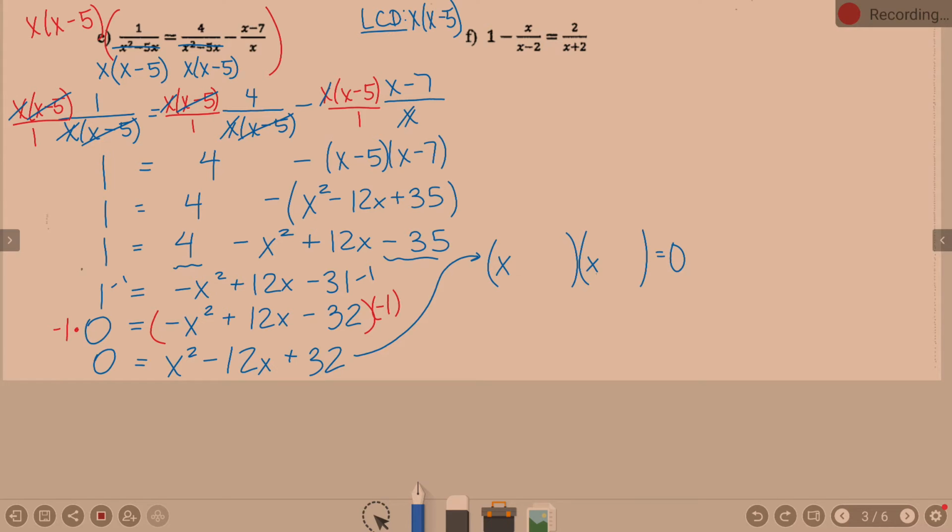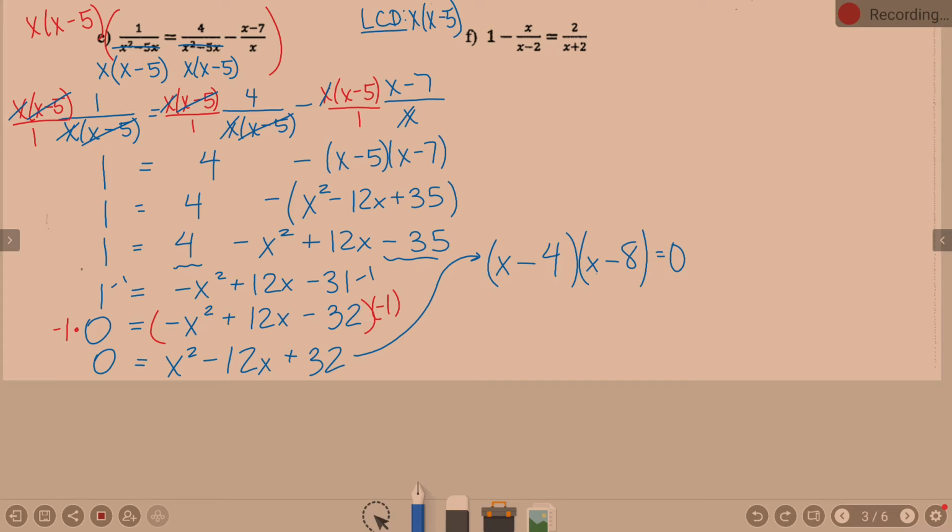I need what multiplies to be 32 and adds to be negative 12. 4 and 8. If it multiplies to be positive, they're the same sign. Since it adds to be negative, both negatives.